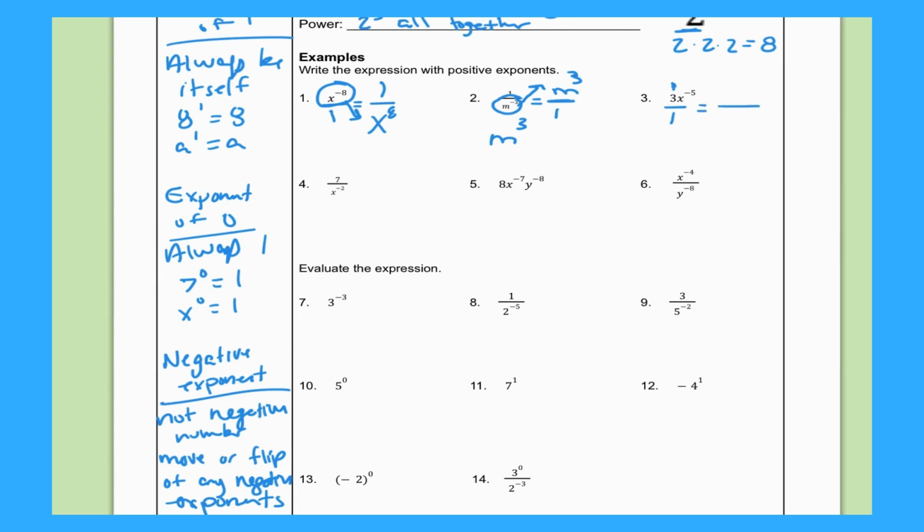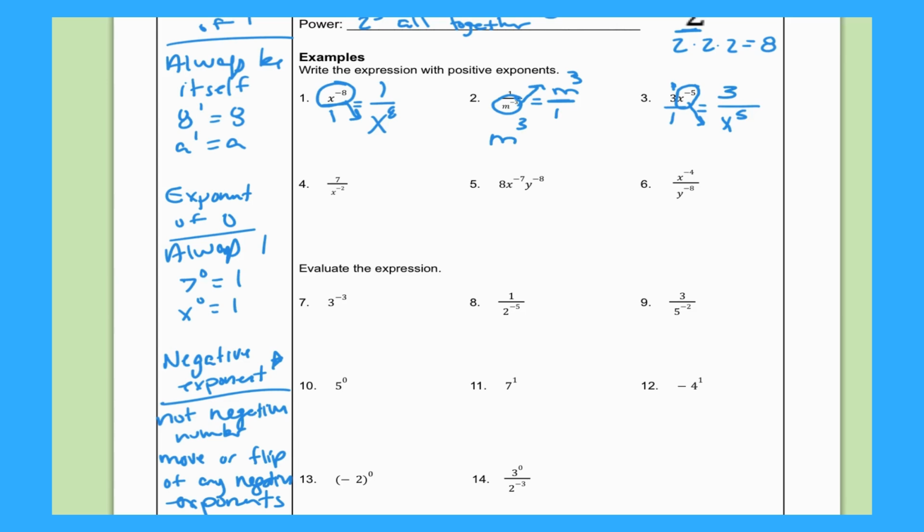Okay, so we said with negative exponents, we're only going to move or flip the negative exponents. So that 3 has a positive exponent, so we're going to leave that 3 in the numerator right where it's at. But that x has a negative exponent, and it's in the numerator, so we need to flip it or bring it down to the denominator. So it's going to become x to the positive 5 in the denominator.